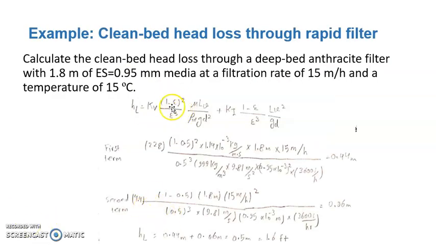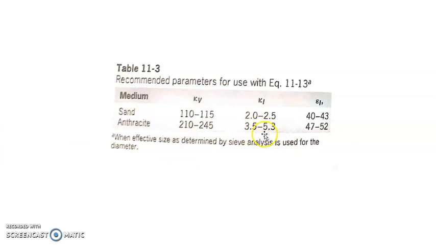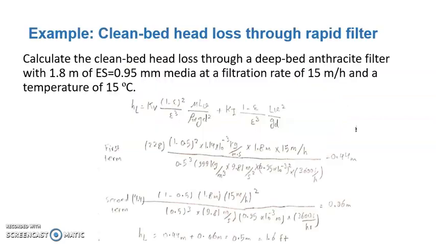We have the porosity. We don't have any information regarding porosity, so we just look at the table and select the midpoint. For anthracite, this is the porosity. So we selected the porosity as 0.5, and then dynamic viscosity of water and density of water, we find those for 15 degrees centigrade.